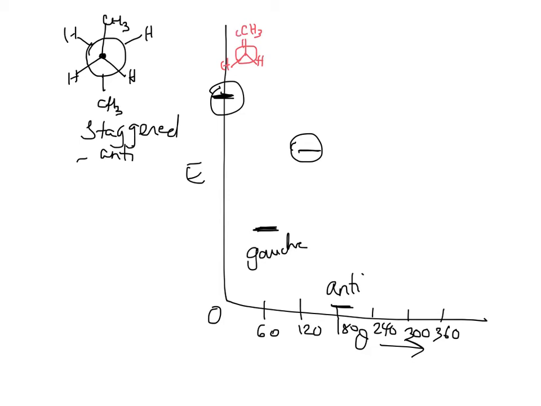I had the methyl on top of methyl, hydrogen on top of hydrogen, this hydrogen on top of hydrogen. We gave it a 60-degree rotation, CH3 on top, and we had the methyl over here.